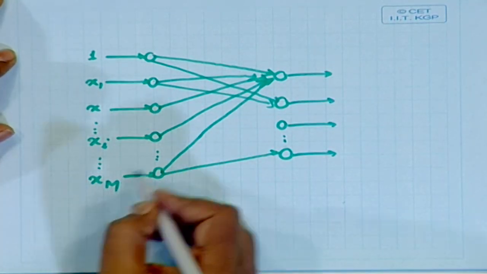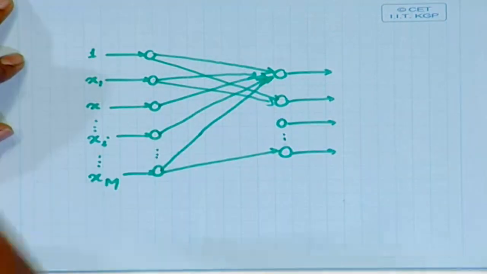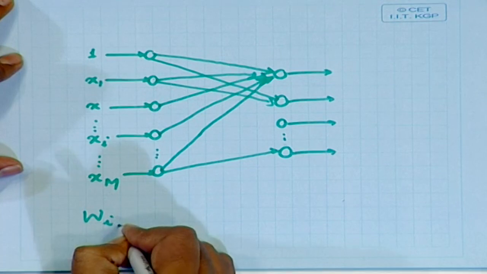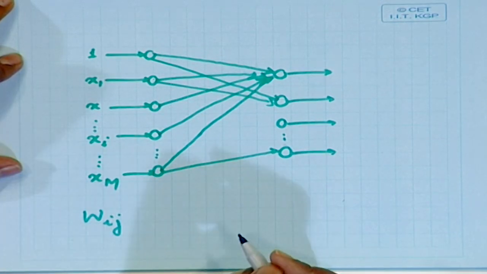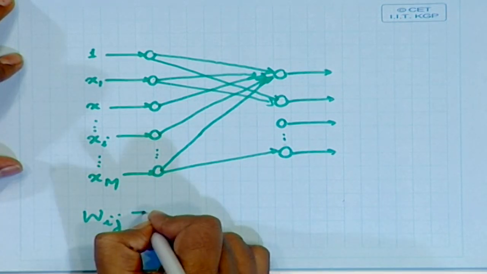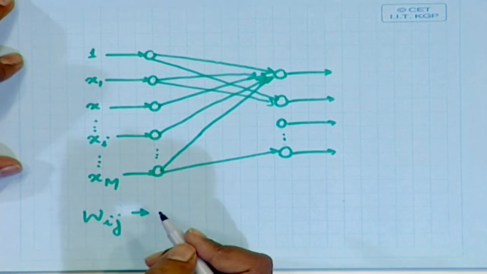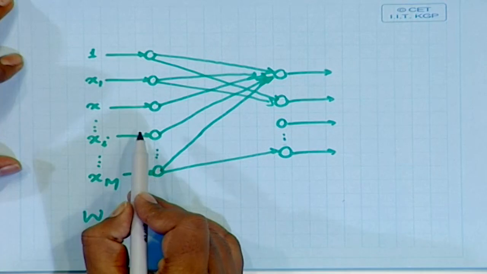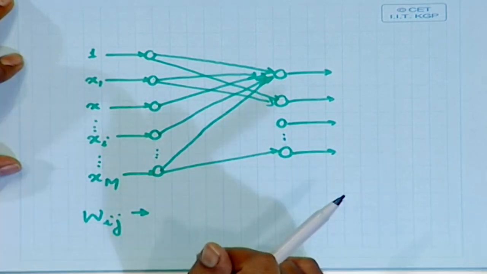So, I represent the connection weights as Wij. This Wij connection weight means that this is the weight of the connection from the ith node of the input layer to the jth node of the output layer.